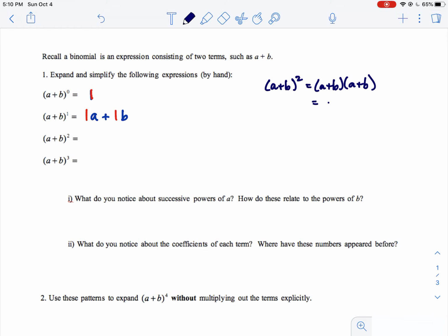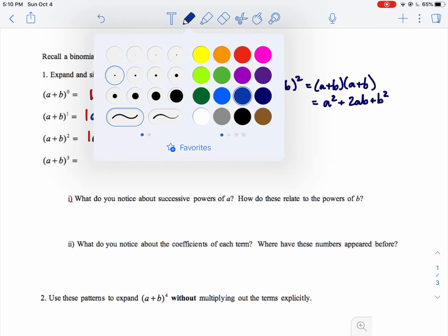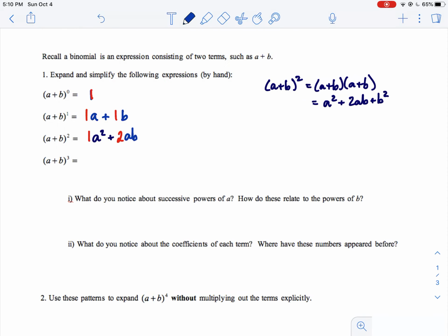So when we multiply that out, we get a squared plus 2ab plus b squared. So coming over here, we'd have 1a squared, 2ab, and then 1b squared.